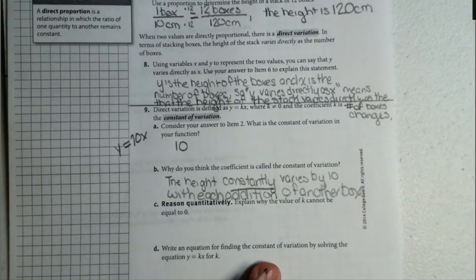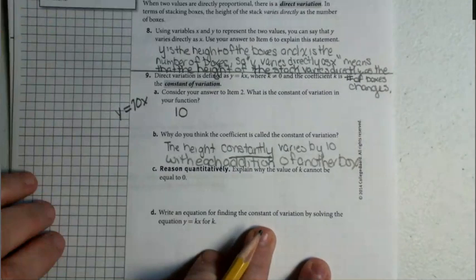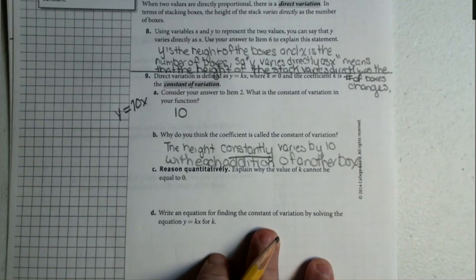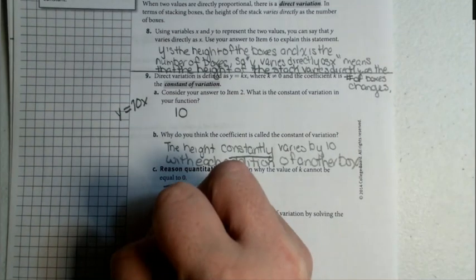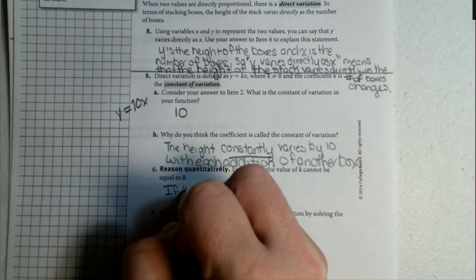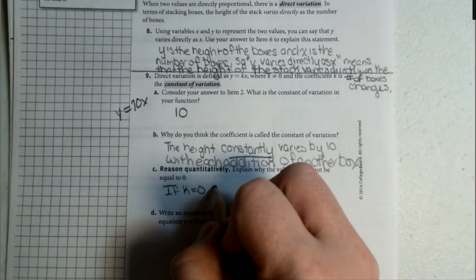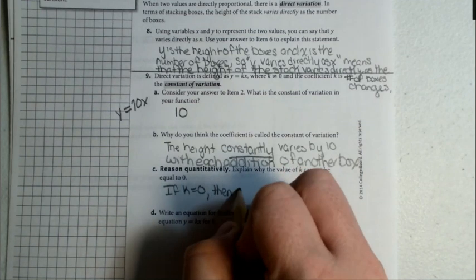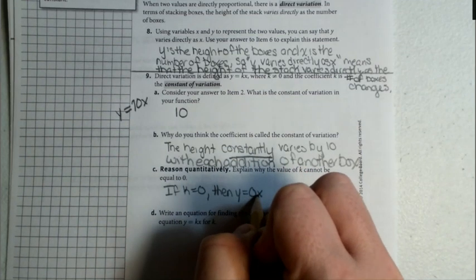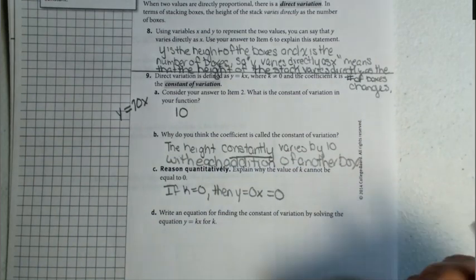Explain why the value of k cannot be equal to 0. Well, let's take a look. If k equals 0, then y equals 0 times x, which is just 0, right?